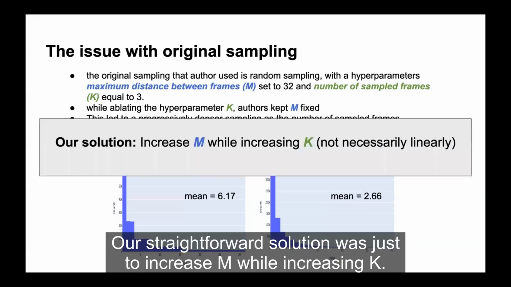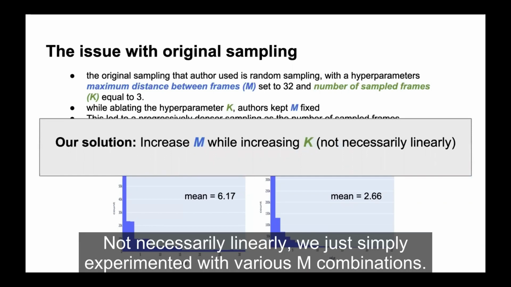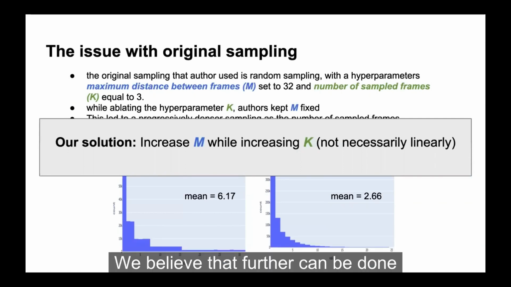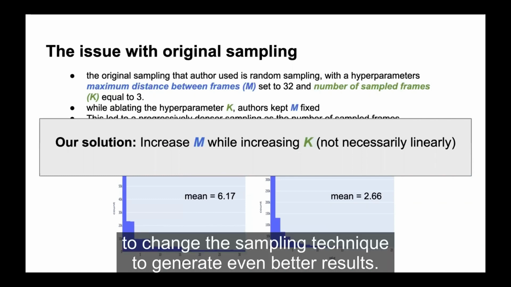So our straightforward solution was just to increase M while increasing K, and not necessarily linearly. We just simply experimented with various M combinations. We believe that further work can be done to change the sampling technique to generate even better results.